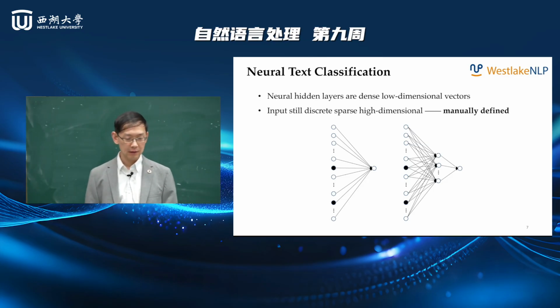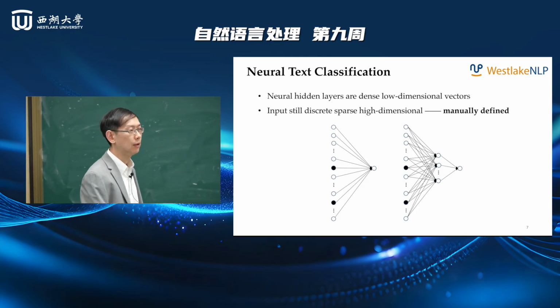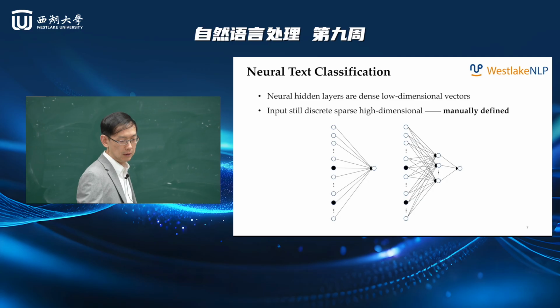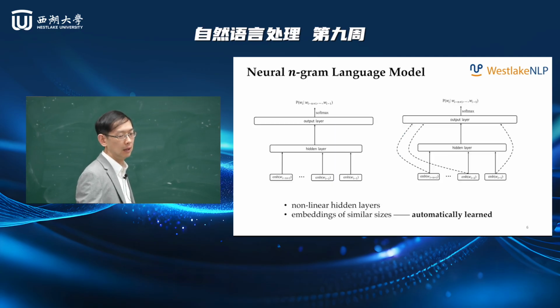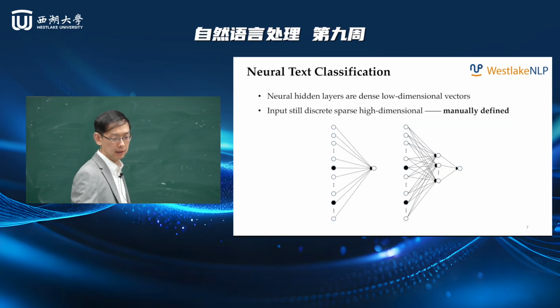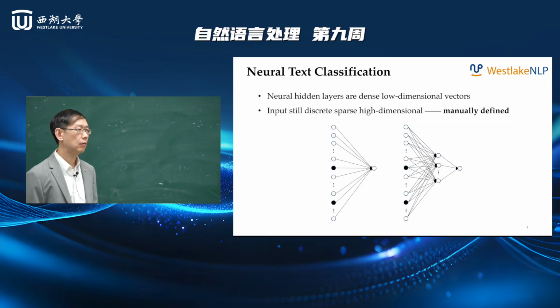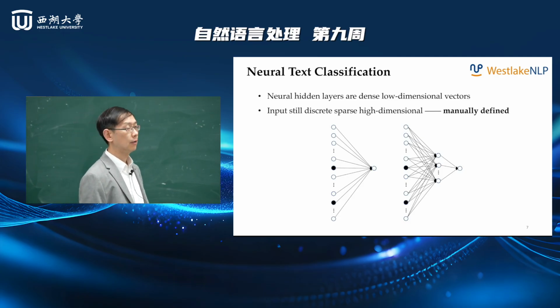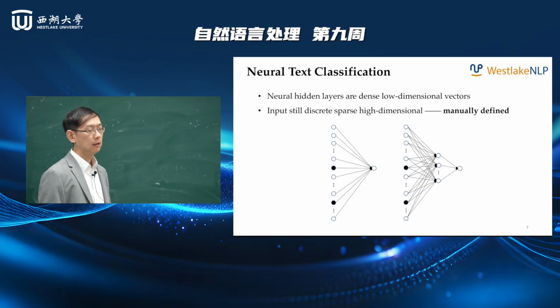But there's a difference between the neural n-gram language model and the neural text classifier we learned, which is the input. If I flip back, you can see that the neural n-gram language model uses word embeddings as inputs, but this text classifier we built last week uses, say, a TF-IDF representation of a document.